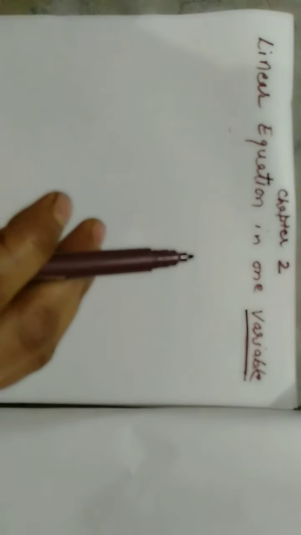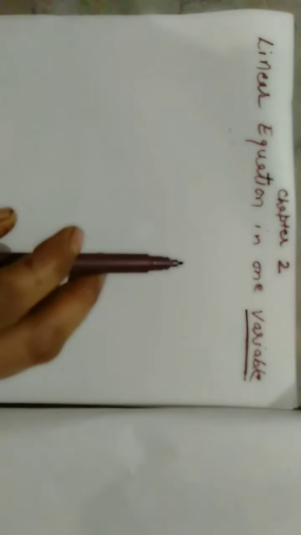So we have to just see such quantities whose value is not constant, which varies, which changes. So when the value changes, it does not remain constant, then that is a variable.